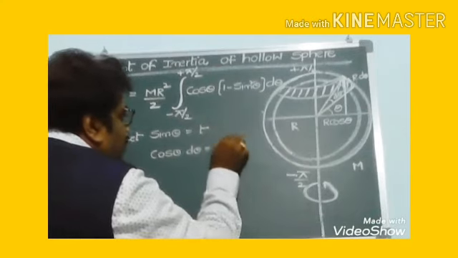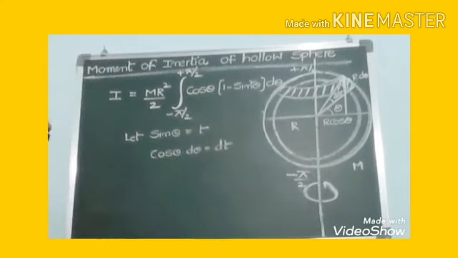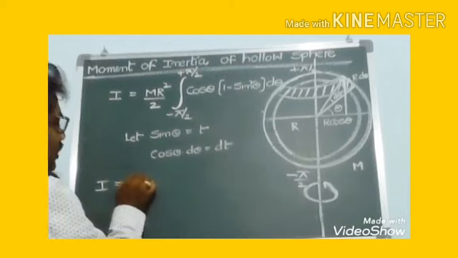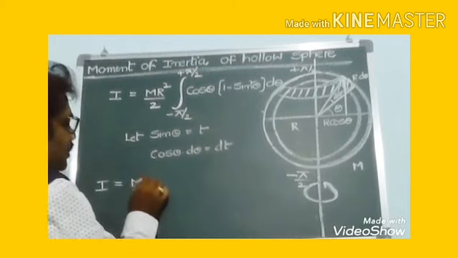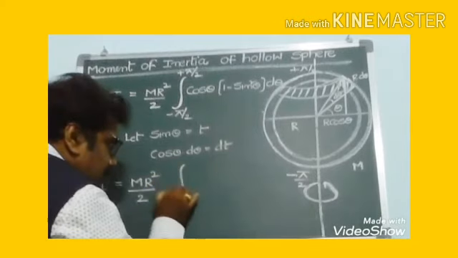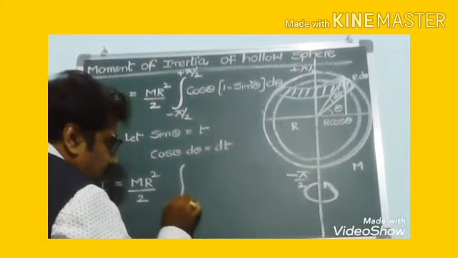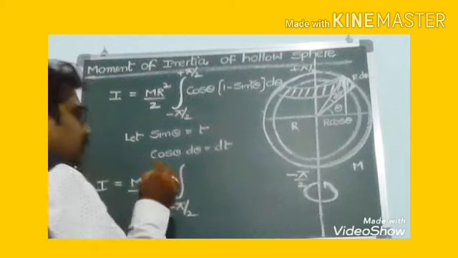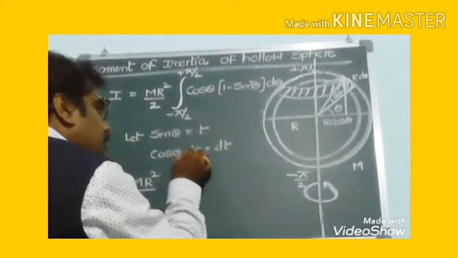Then substitute: I equal to mr square by 2 into the integration over the range minus pi by 2 to plus pi by 2.